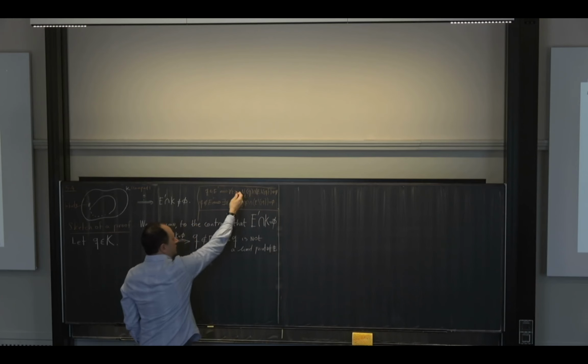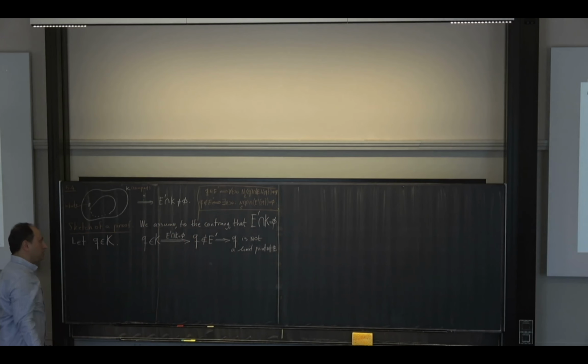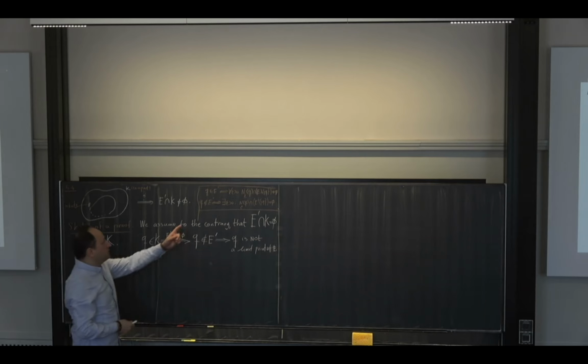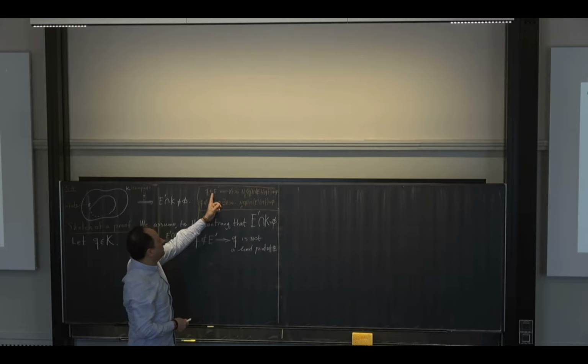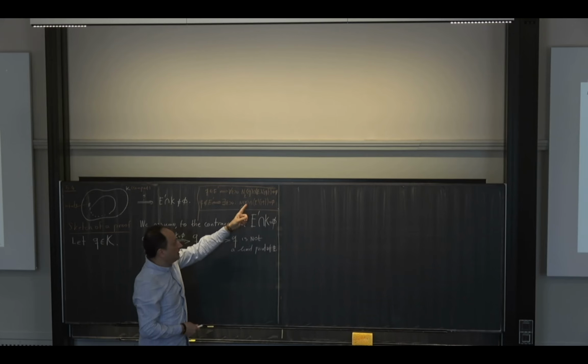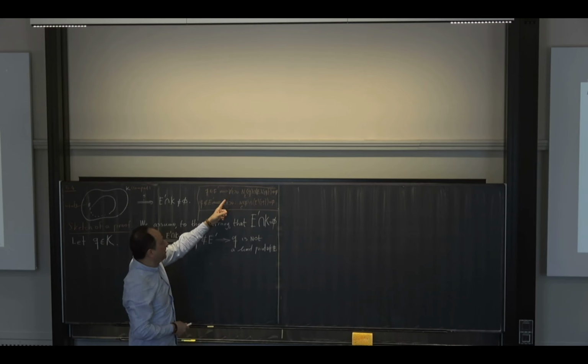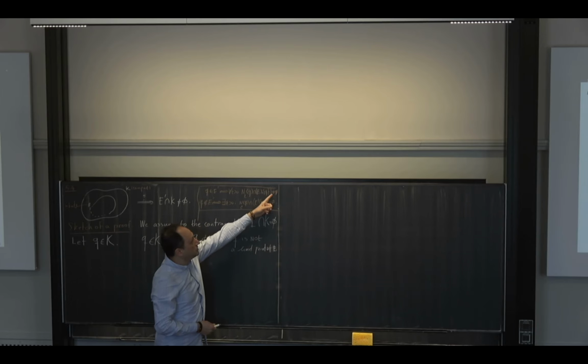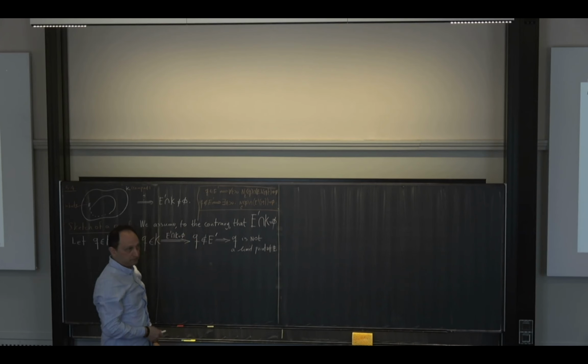So these are the things that you should be good at, because this doesn't depend on analysis or algebra. That's just mathematical logic. If this is the definition of a limit point, Q does not belong to E prime is the negation of it. So I have to negate this statement.